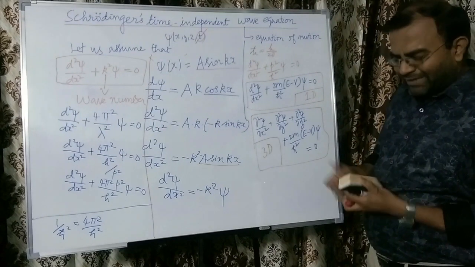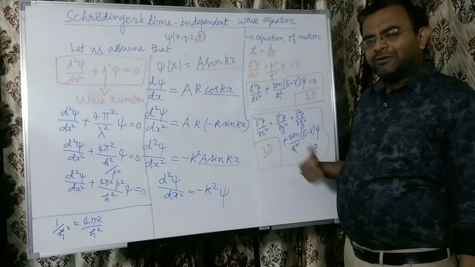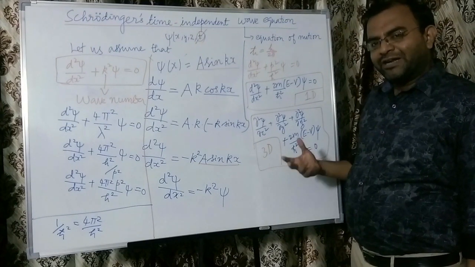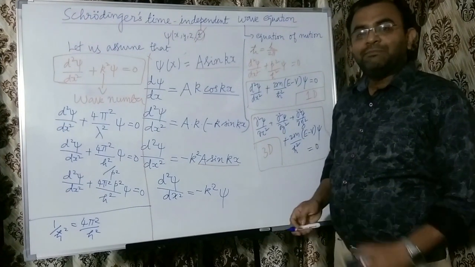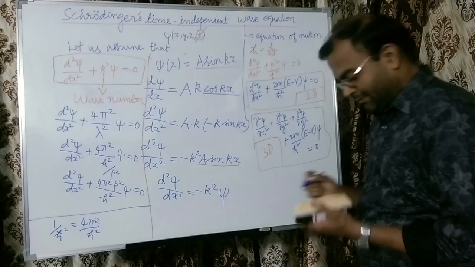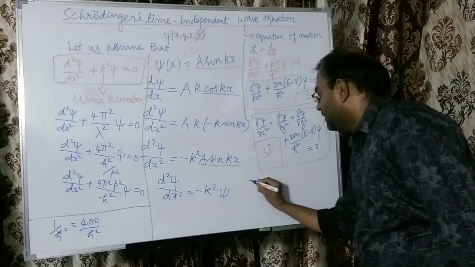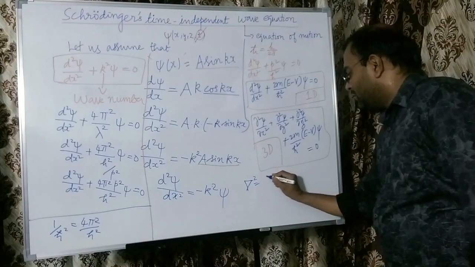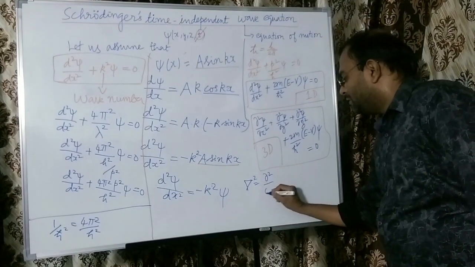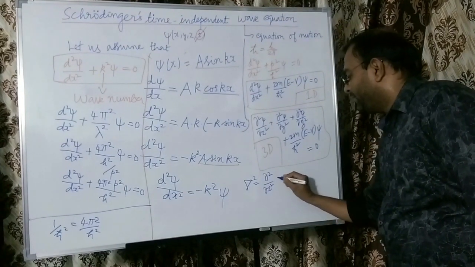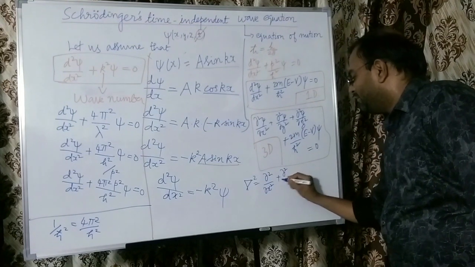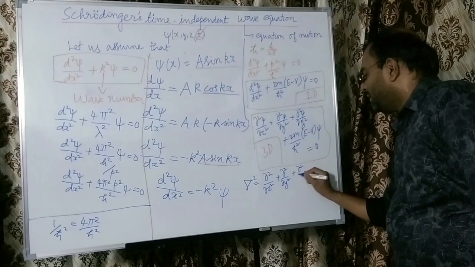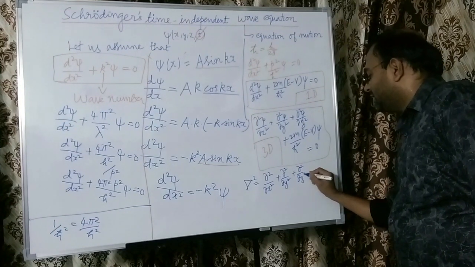Now, this can be mathematically written more elegantly by using the Laplacian operator. What is the Laplacian operator? Del square is equal to dou square by dou x square plus dou square by dou y square plus dou squared by dou z square.